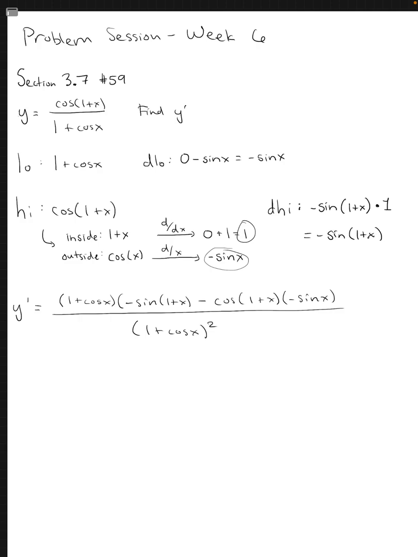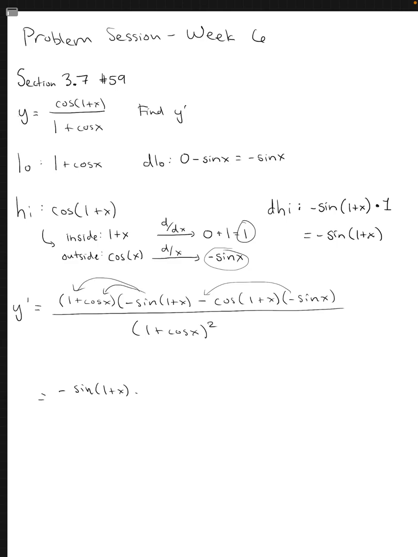Right, and you could do some simplifying if you really wanted to. Mostly that would involve bringing this negative out here and having them cancel. I guess you could distribute if you wanted, right? So maybe you get negative sine of 1 plus x when you distribute it here.